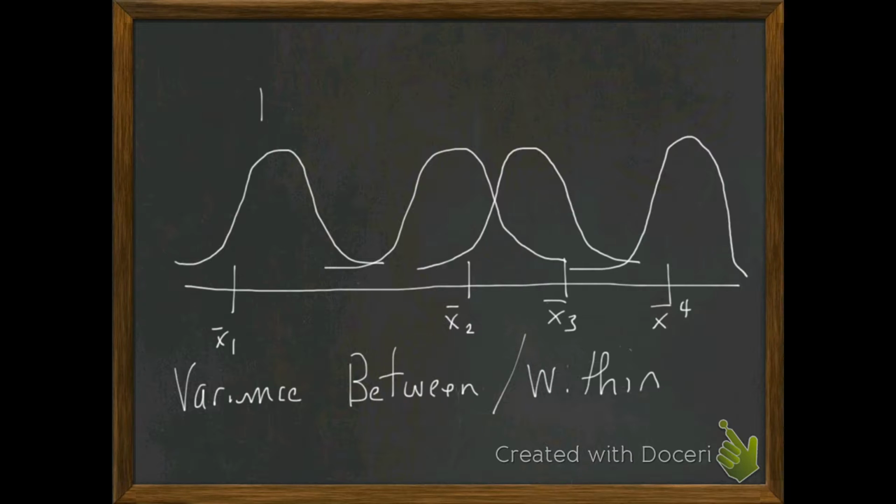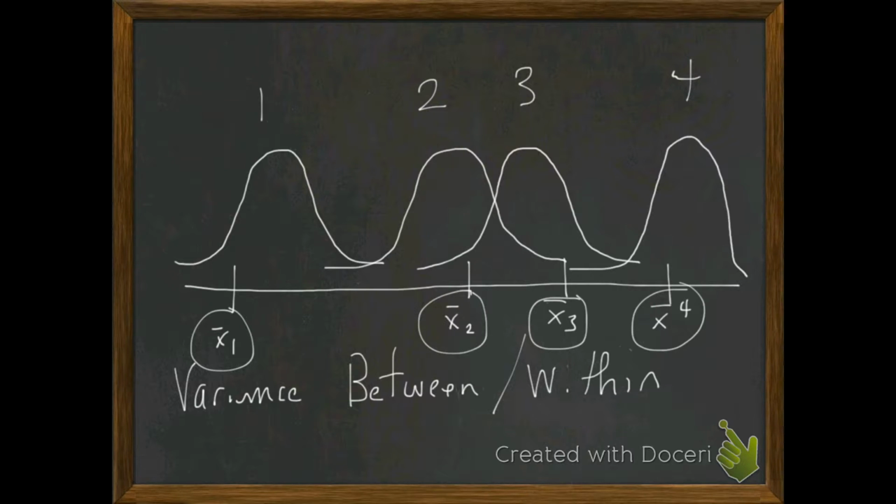Okay, so population 1, population 2, population 3, population 4. We draw a sample from 1, sample from 2, sample from 3, sample from 4.